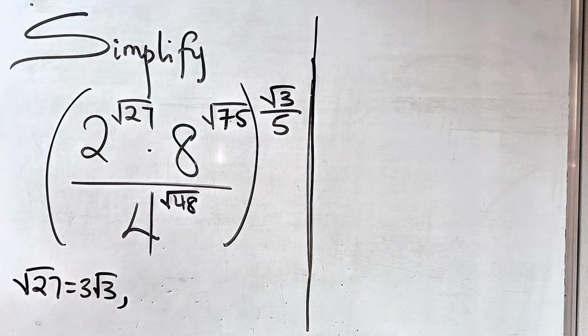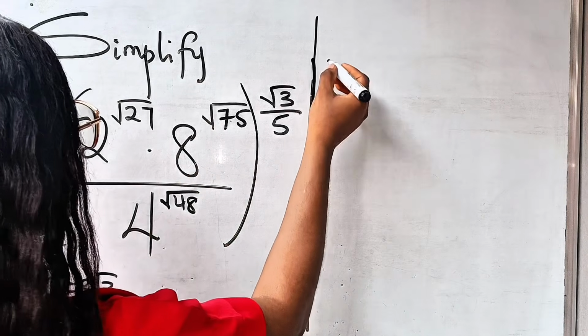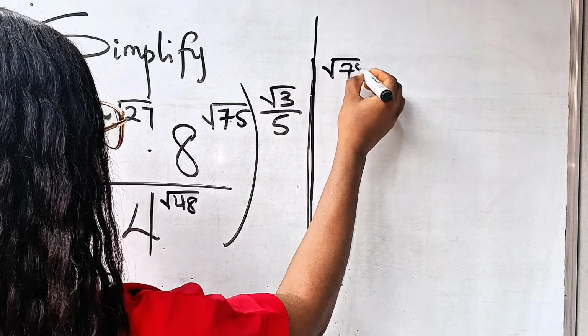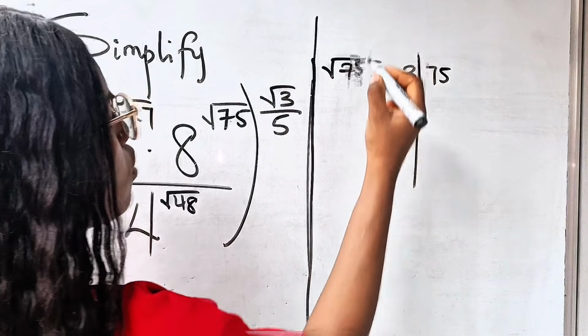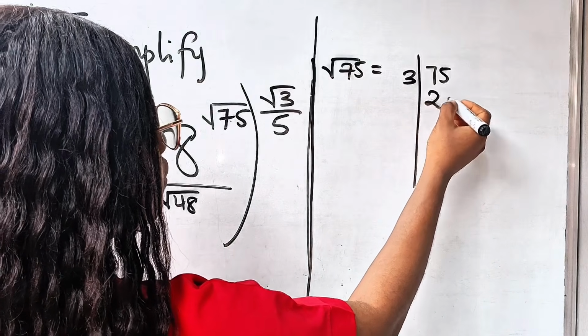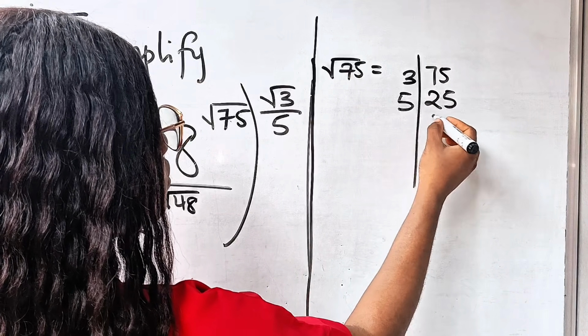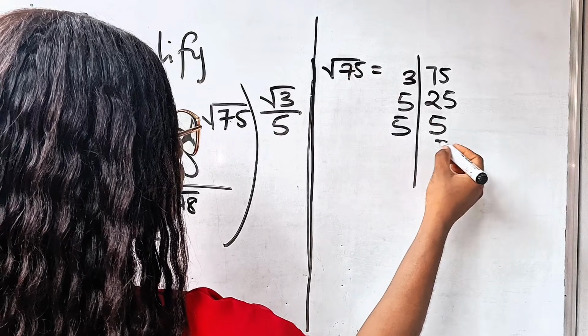So we're going to simplify root 75 as well using the same way. So 3 will go into this to give us 25. 5 will go into this to give us 5, and 5 will go again to give us 1.